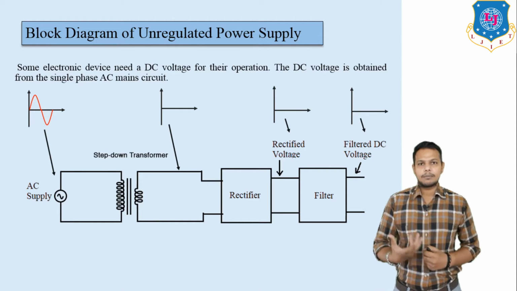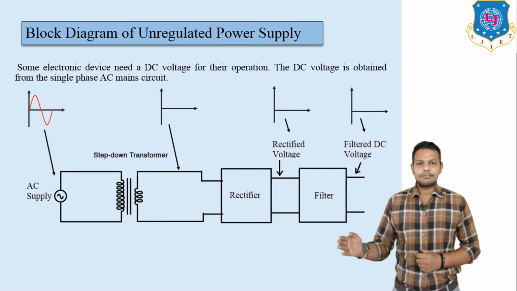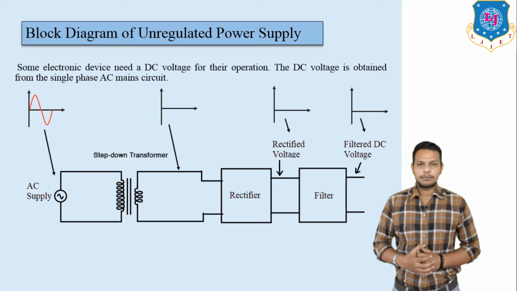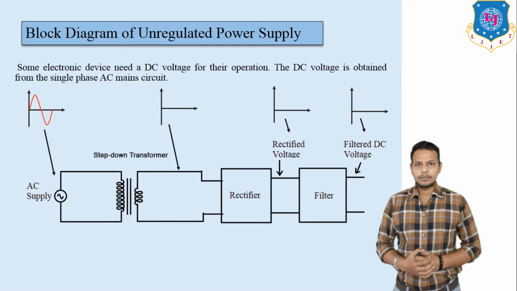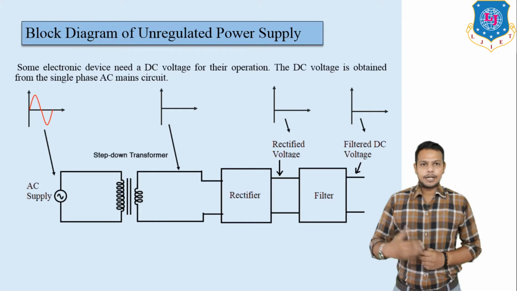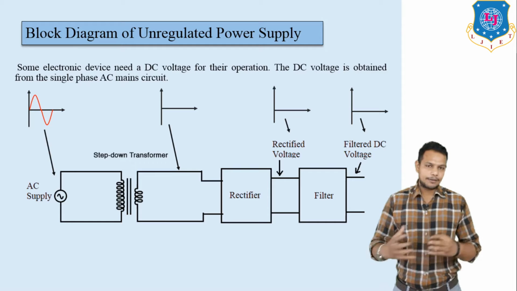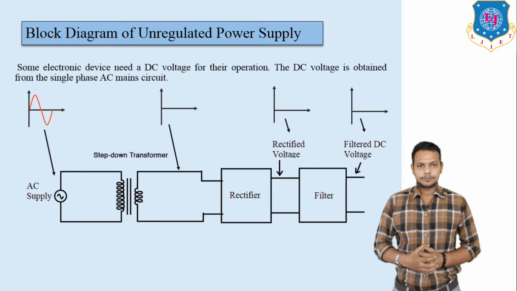Now our main aim is to convert AC waveform to DC waveform. Some electronic devices need DC voltage for their operation. The DC voltage is obtained from the AC mains. So we can see here we are using a transformer, then a rectifier, and finally a filter.